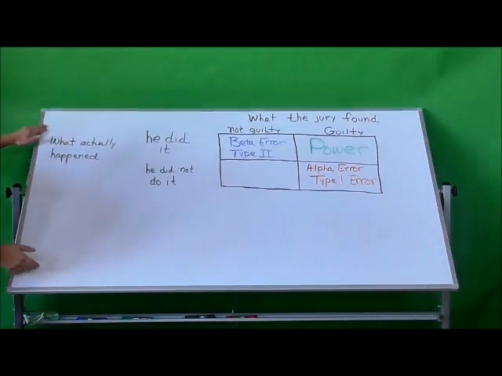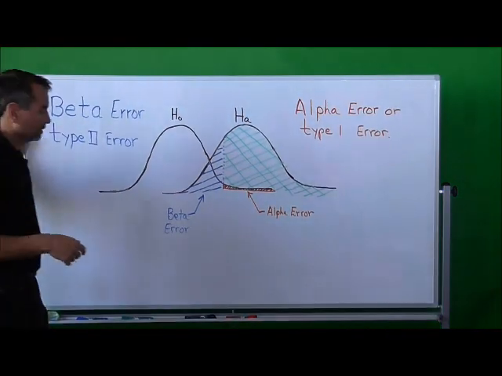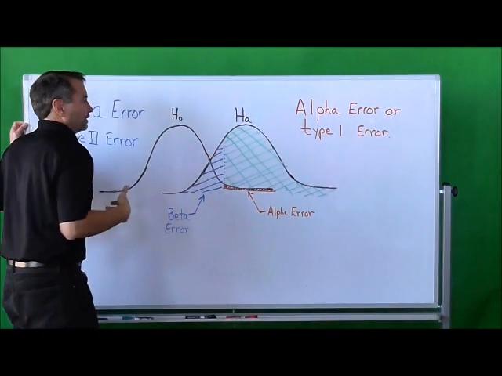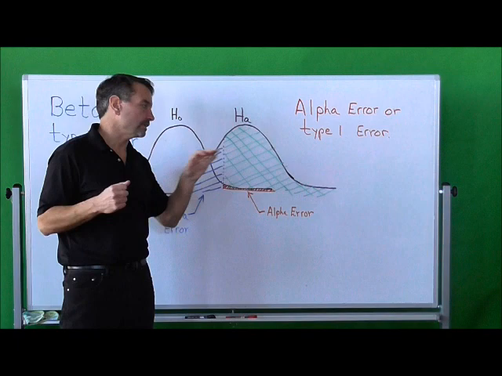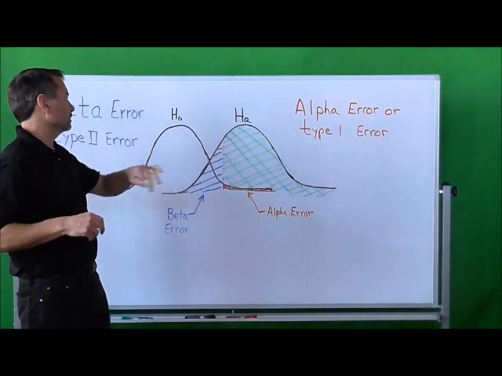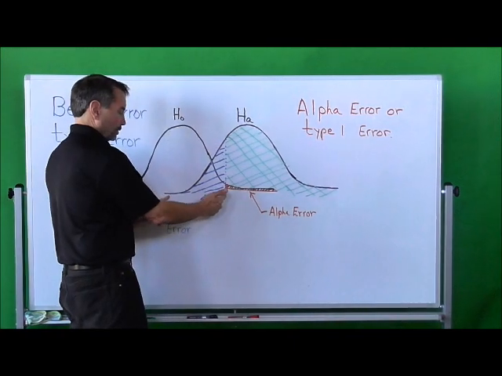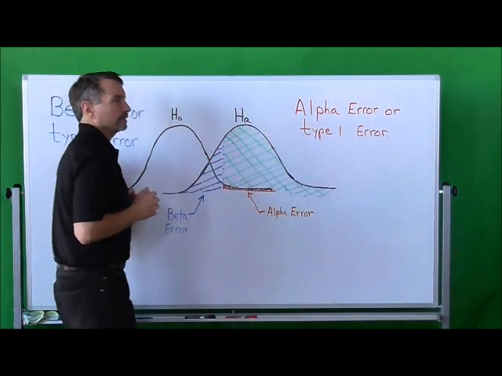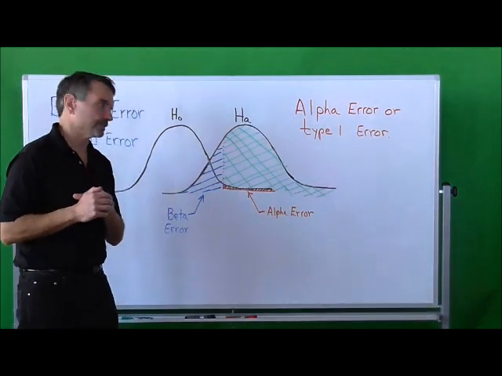In the experimental world, that particular box is in this area right here, typified by the green zone. The green zone has a specific name to it, and it is called power. And the power of your experiment is based upon where your beta error is at, in conjunction with how wide or how much area is underneath your alternative hypothesis.